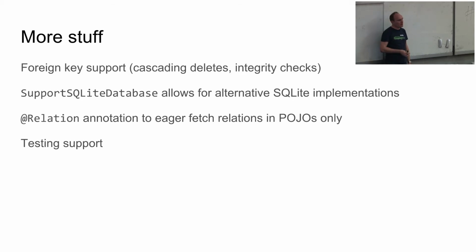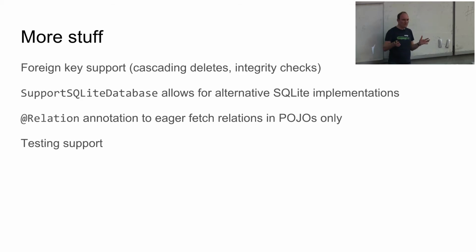Then there's this kind of odd relation annotation. I say odd because I mentioned that Room doesn't store these relations, but there's still this annotation which you can set on a POJO only, so not on an entity, which will then eagerly fetch the relationship from the database.